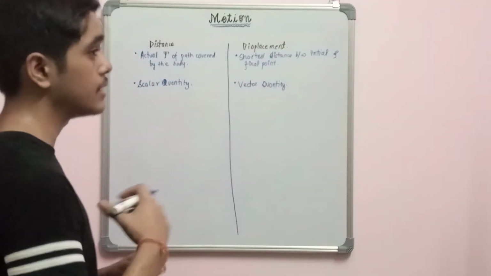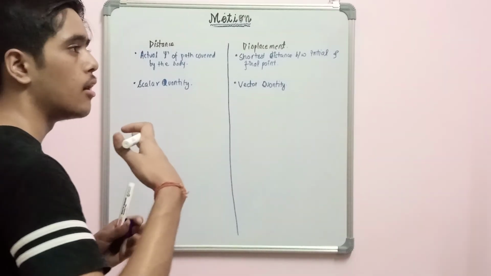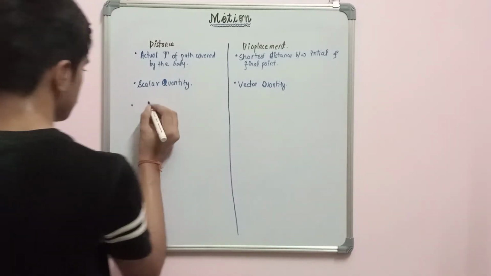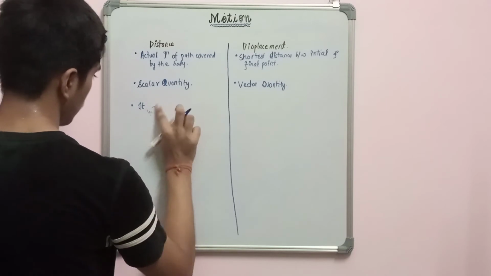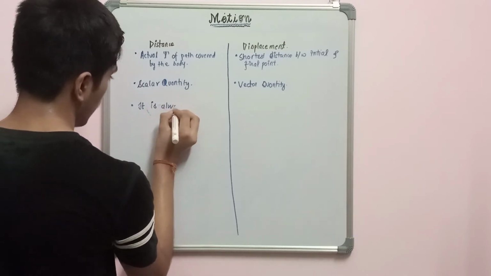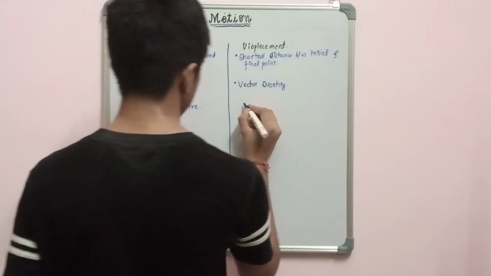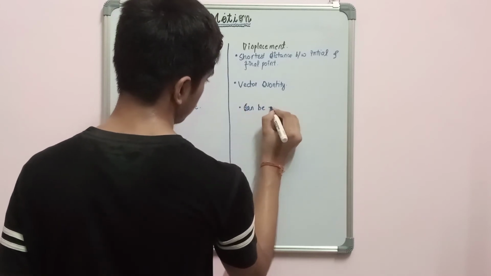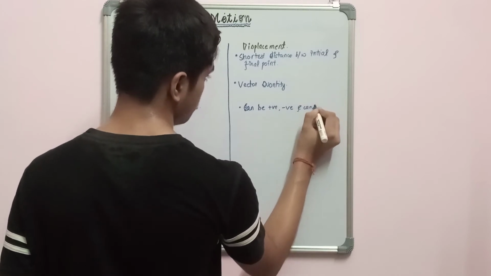Displacement broadens the distance by adding direction to it. Next, distance is always positive. Yes, I will show you how. And displacement can be negative, can be positive, and can be zero.